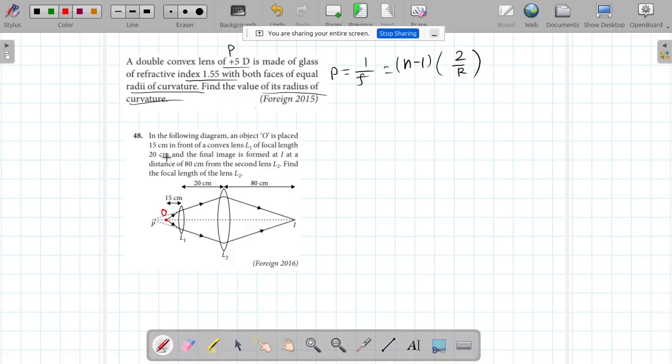The object is placed 15 centimeter in front of L1, whose focal length is 20 centimeter, so 1 by 20. And for the second lens we need to find F2. The data given is that the final image is formed at I at a distance of 80 centimeter from L2.